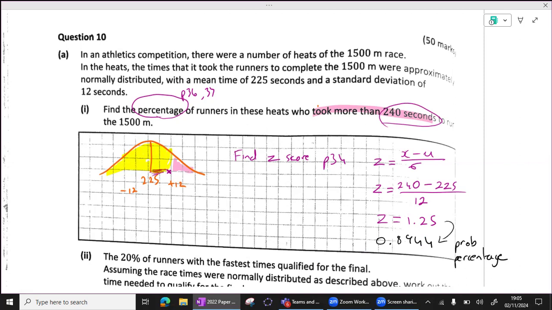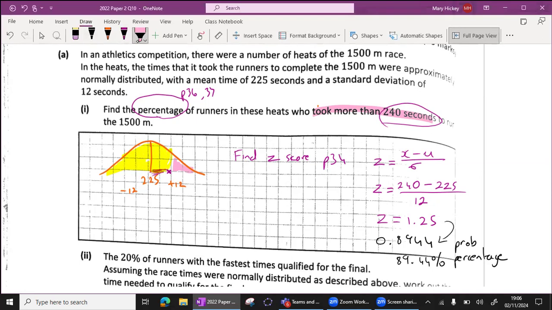It's like asking what your chances of getting heads are. You can either say 0.5 as a decimal probability, or you could say 50%. So the probability is 0.8944, or you can say the percentage is 89.44%. Either is fine. But that doesn't fully answer the question, because that's the yellow section.